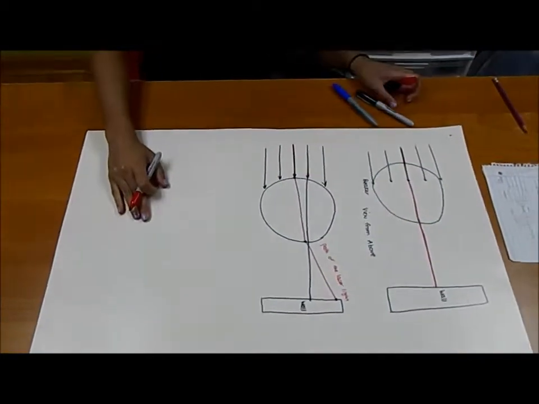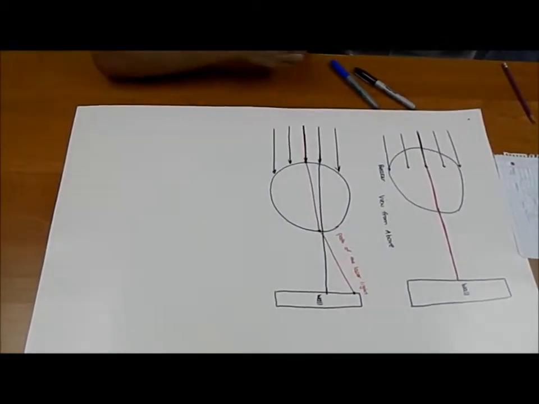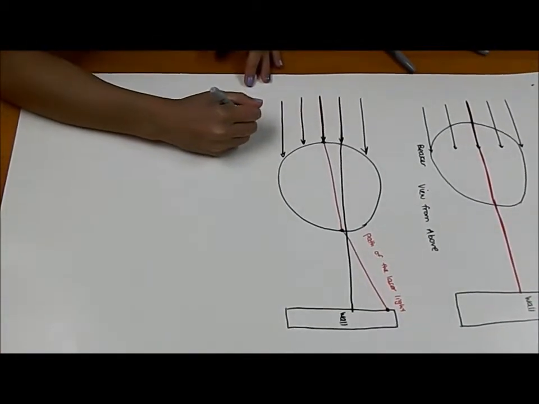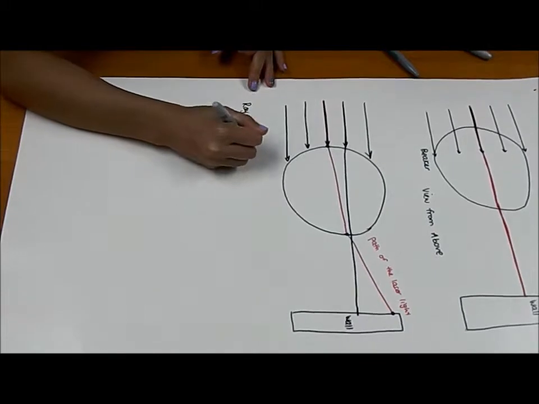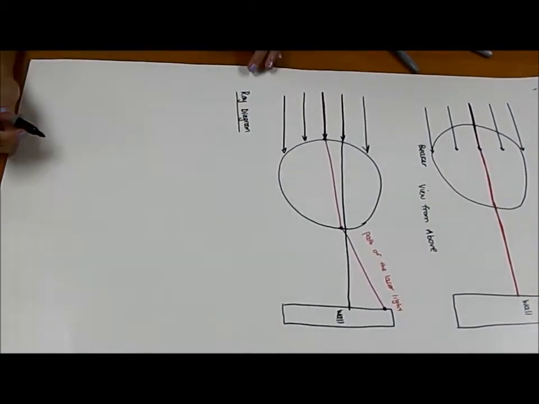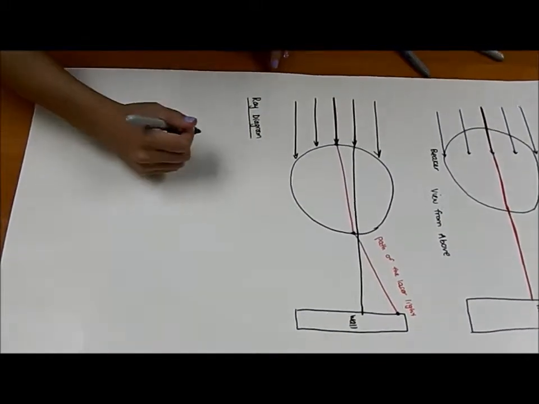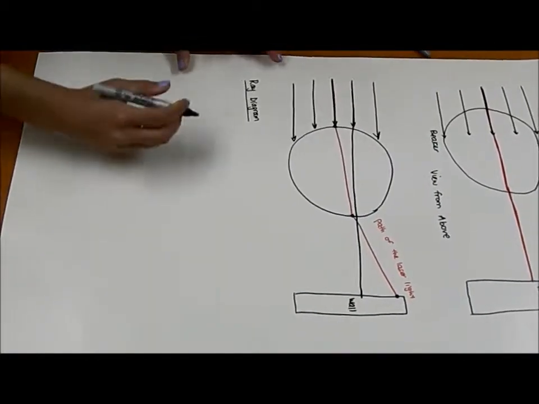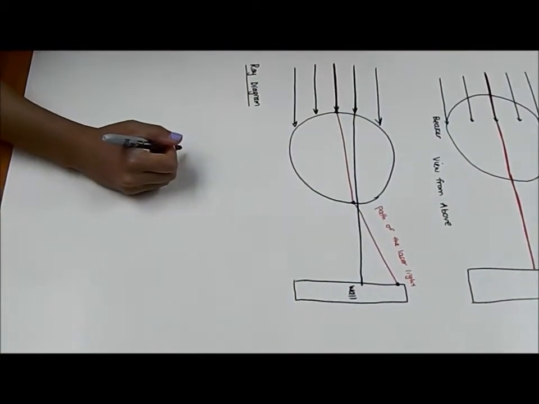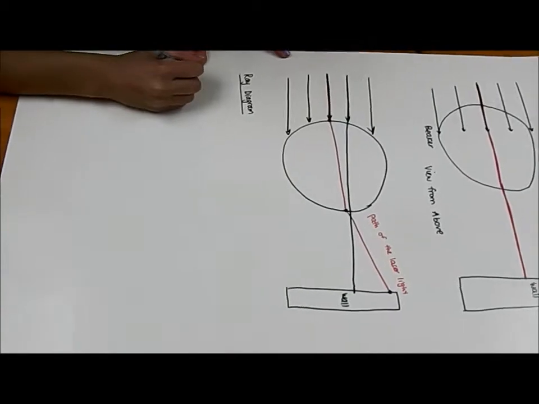Okay, and one last diagram would be the ray diagram. And this will show how if we had 5 lasers, it would be able to create something that looks like this.